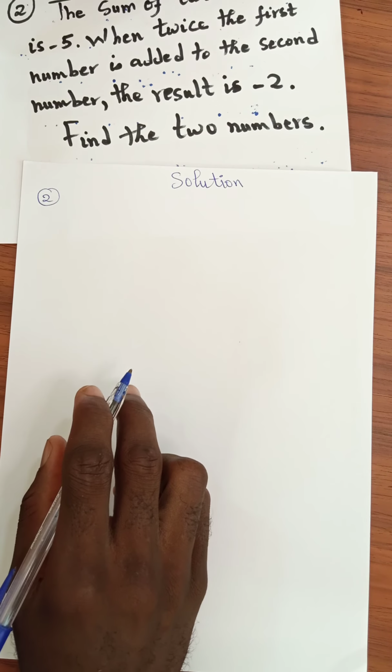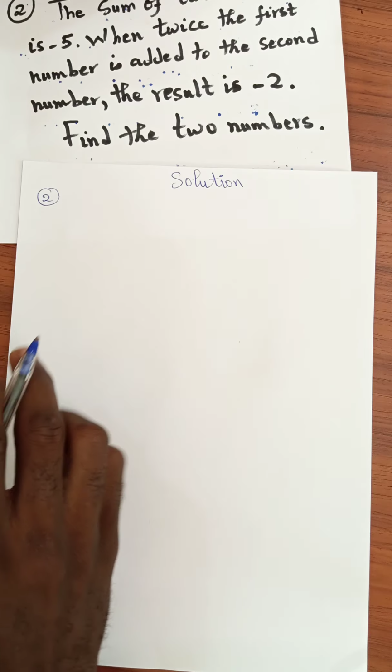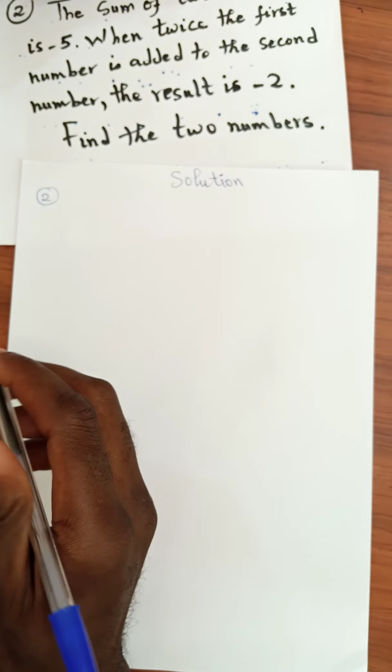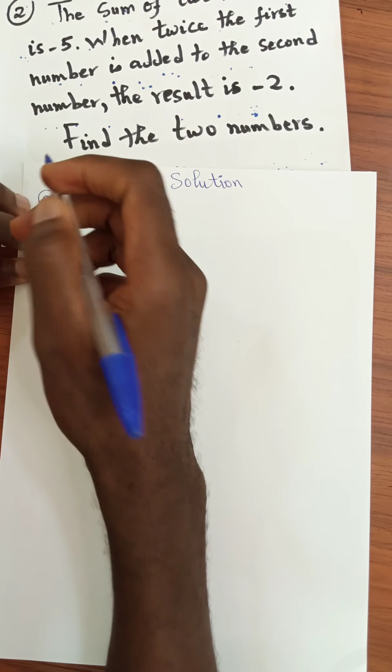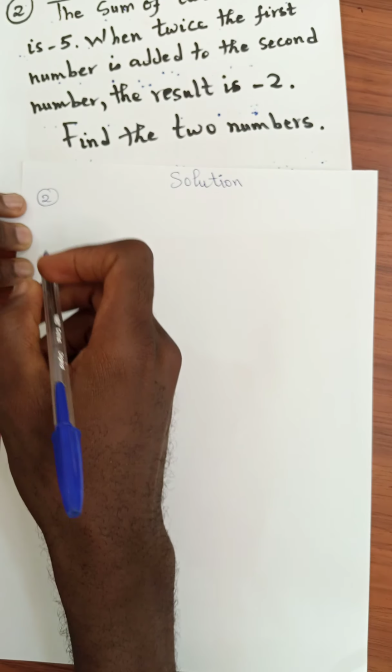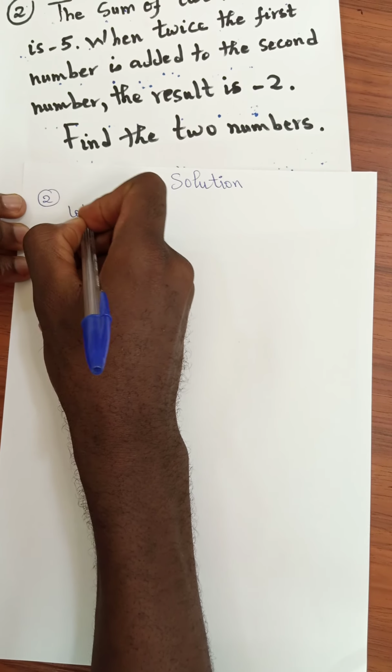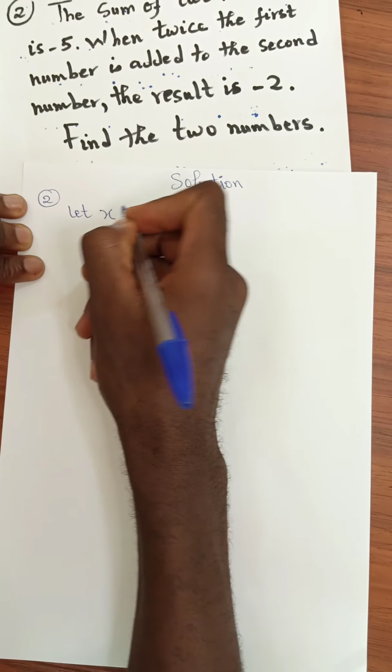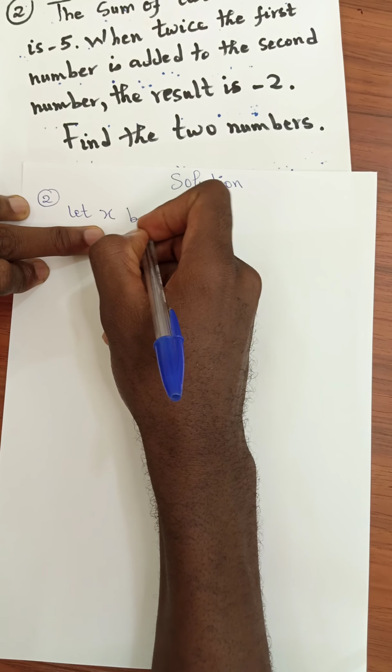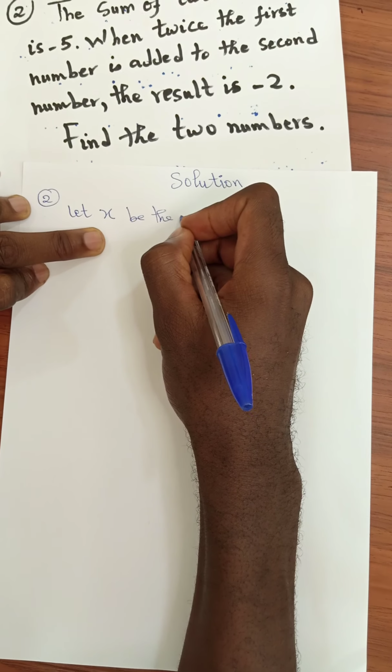So the sum of two numbers, we don't know the two numbers. We know that the sum of those two numbers, we don't know them. So we'll assume two variables to be the two numbers. So we'll say let x be the first number.